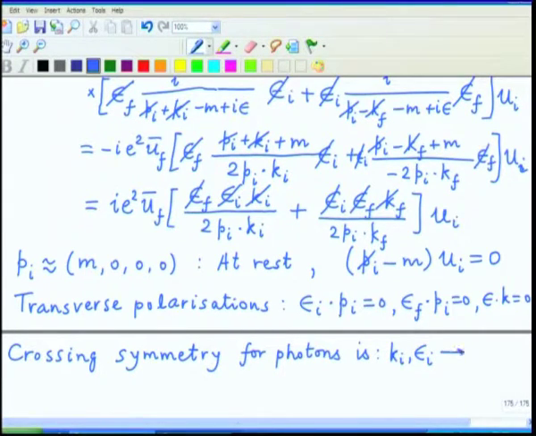So, one can move them just from one side to the other, and that will interchange k_i and epsilon_i with k_f and epsilon_f, with the only change being that the momentum of the photon is reversed. And if one applies this crossing symmetry to the two diagrams I drew above, one immediately sees that one diagram goes into the other.